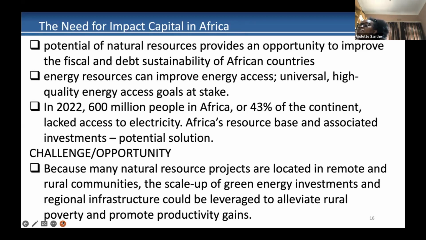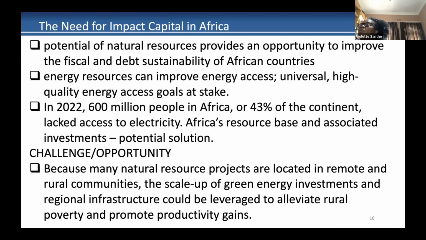We know that Africa faces a significant challenge to meet its universal high-quality energy access goals. In 2022, 600 million people in Africa, translating into 43% of the continent, lacked access to electricity. However, Africa's resource base and associated investments could help accelerate progress by developing diverse energy sources.